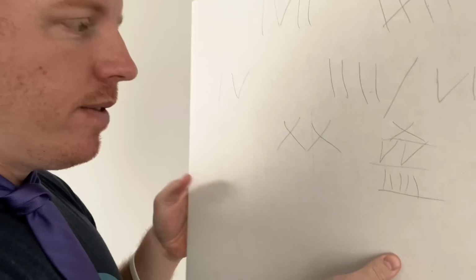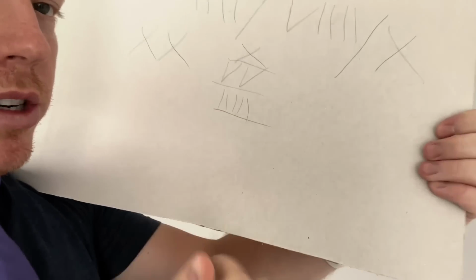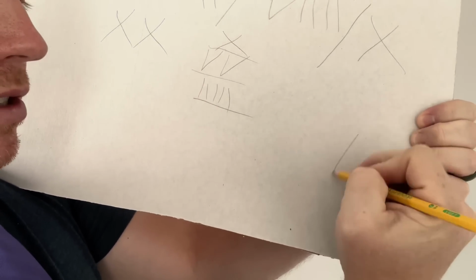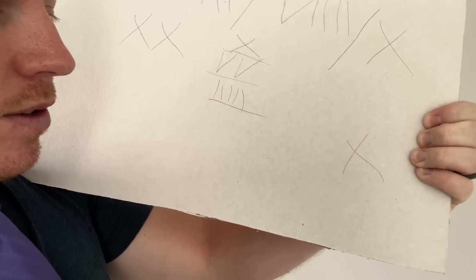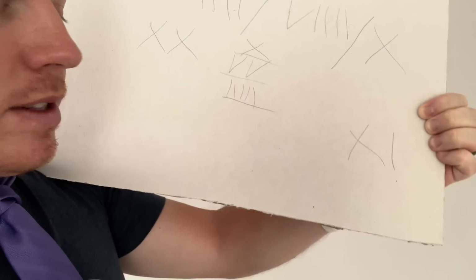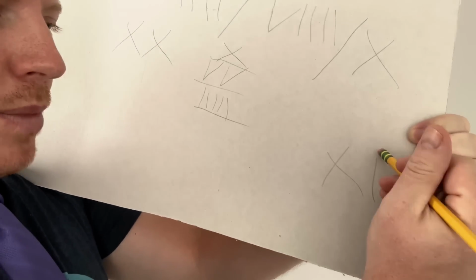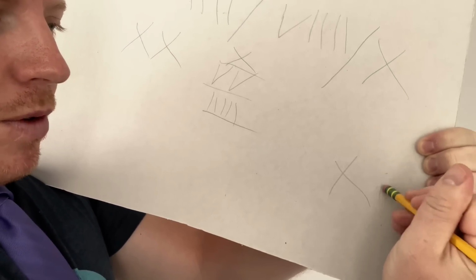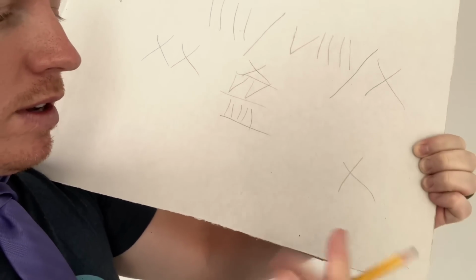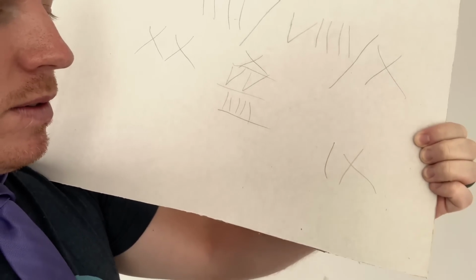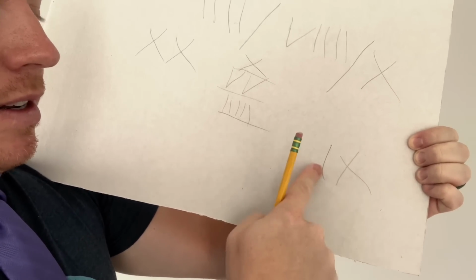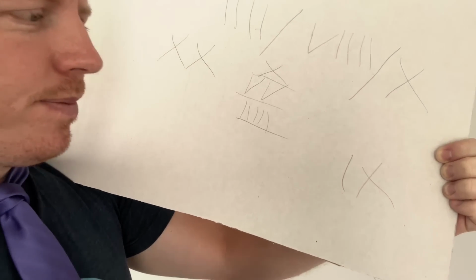So following that same logic, let's use this area right here. Say I draw an X with a dash after it. It's 11. But if the dash comes before the X, which is the larger number, that's a 9.